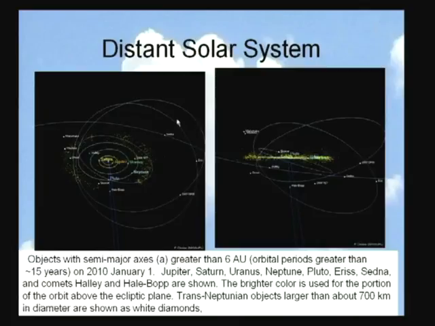These are not planets. These are objects which we shall take up for discussion subsequently, and they are located in the distant solar system, and they also orbit around the sun. To give you two names, one of them is called Eris and the other one is called Sedna.